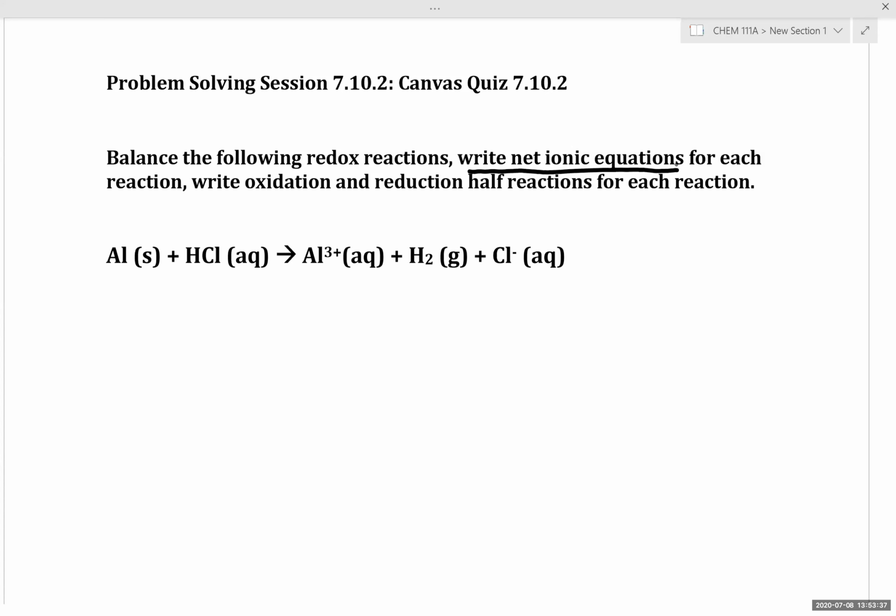I would double check the coefficients for this reaction. As this is a redox reaction, you have to make sure that the number of electrons is balanced, not just the number of atoms.